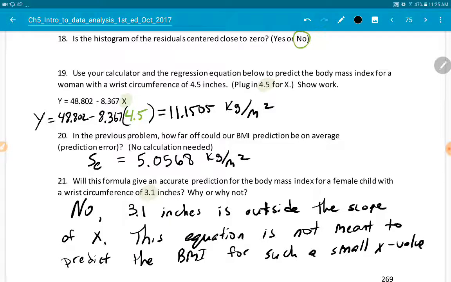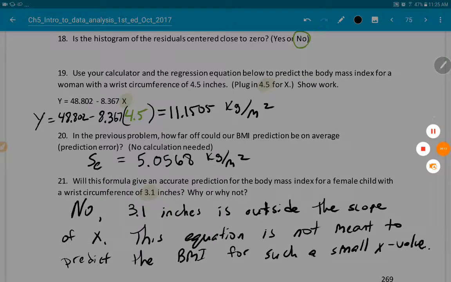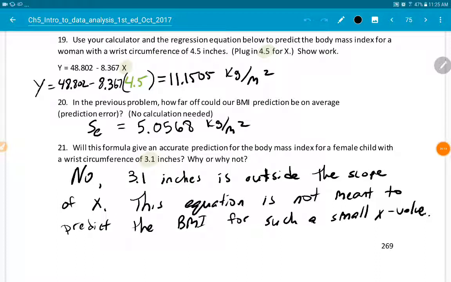Anything that's not within that scope of x. So while we could still use that equation and make that extrapolation, it would have a larger prediction error.